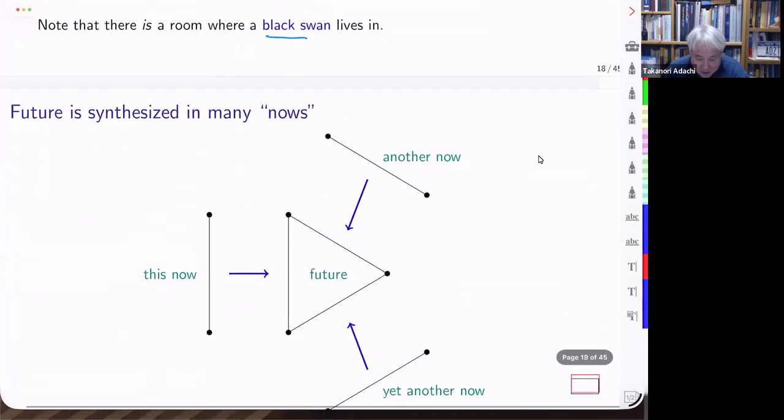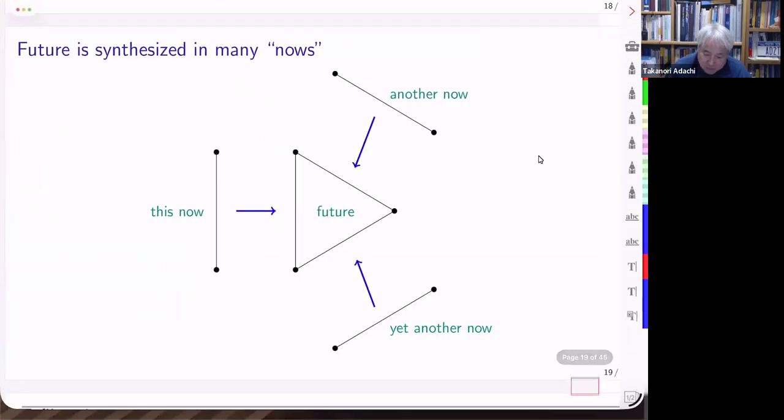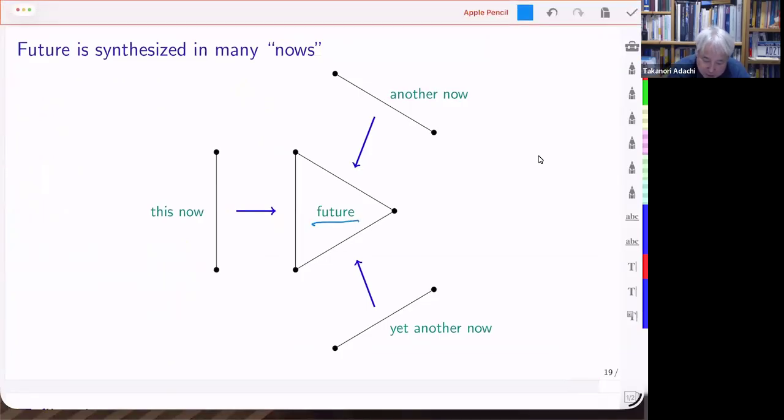And also a different image, this one. The future is here, but we are here, at this now. But this future, which is one dimension up, consists not only of our now, but of another now, and yet another now, which converge and make the future.